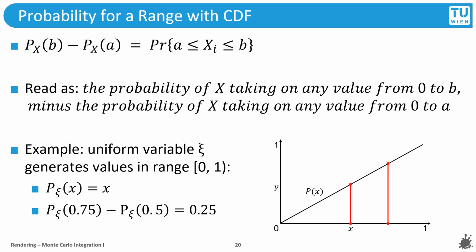And for this particular random variable, the CDF is simply the linear correspondence x. And we can quickly confirm that for a given range, we get an adequate result for the probability of a uniform random variable being inside a range from 0.5 to 0.75, which is exactly 25% as expected.